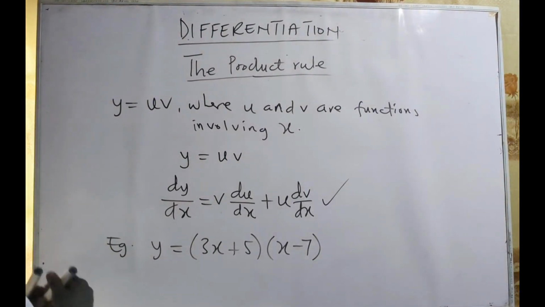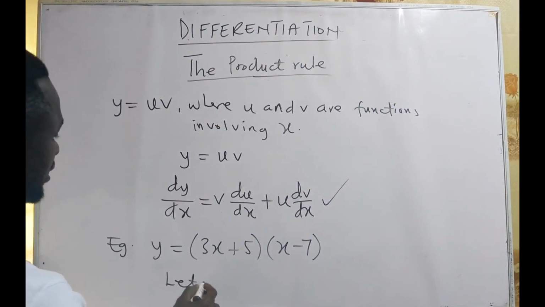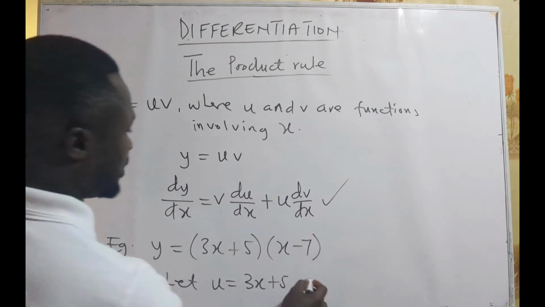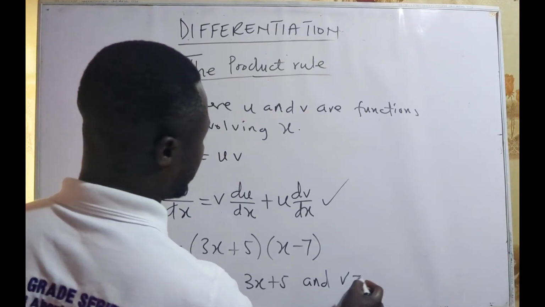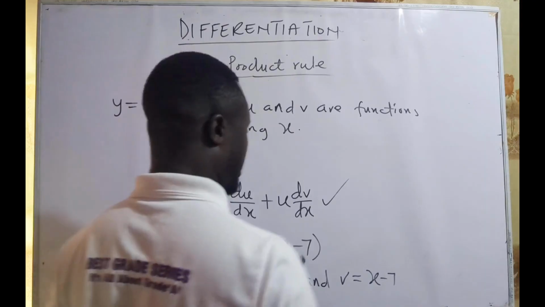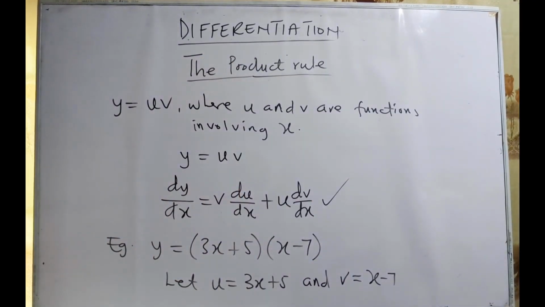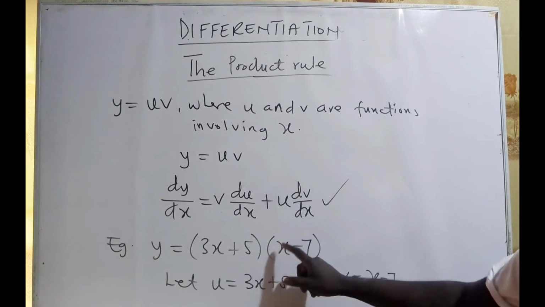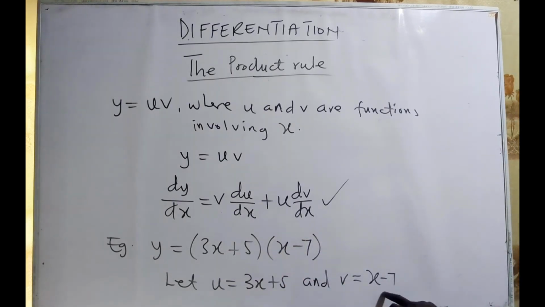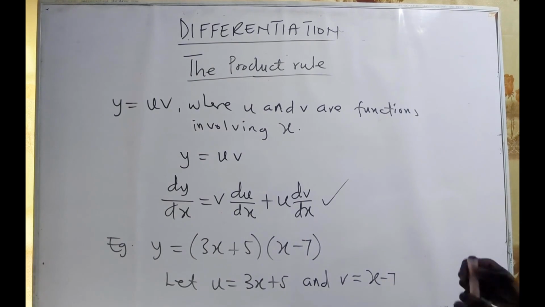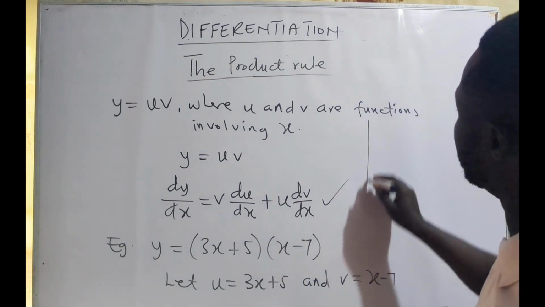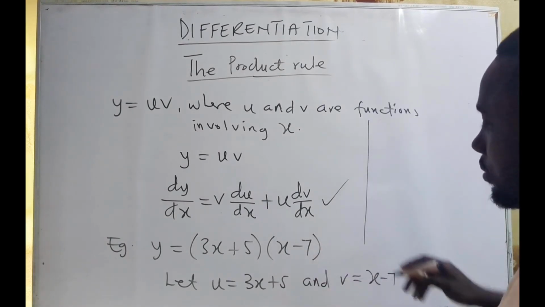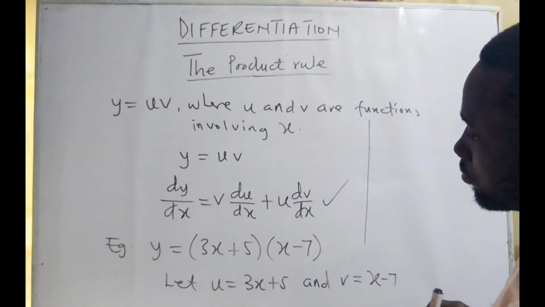So here we can say the first one is my u, so my u is 3x plus 5, and the second one is my v, so my v is x minus 7. If I want to use the product rule, I'm going to differentiate the first one.